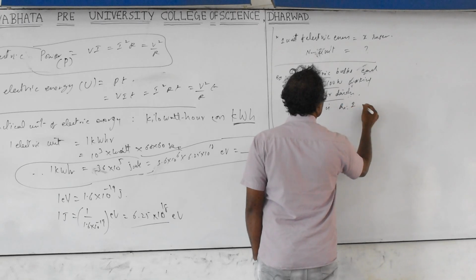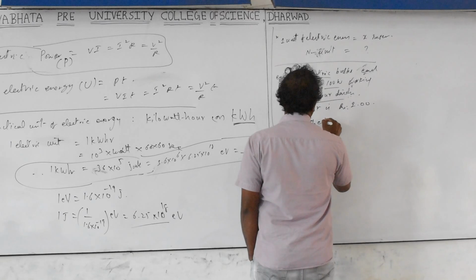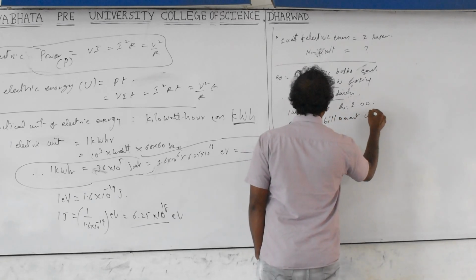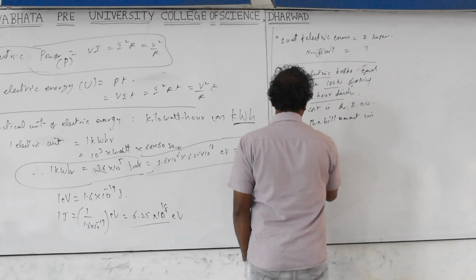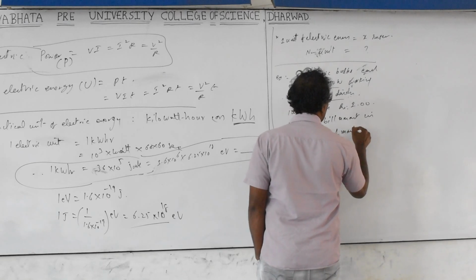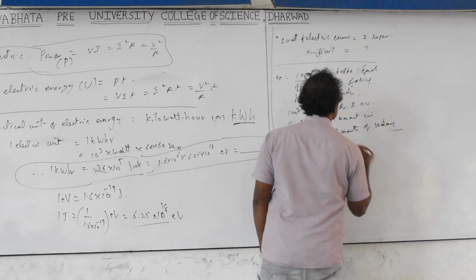Find the bill amount in the time of 1 month, taking 1 month as 30 days.